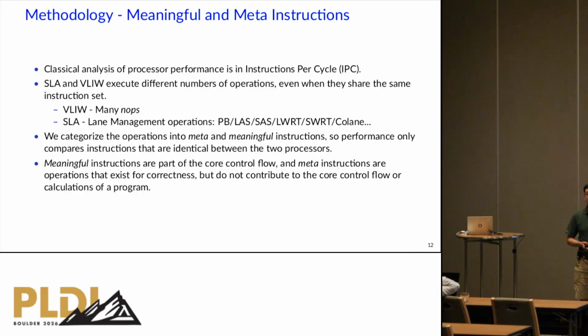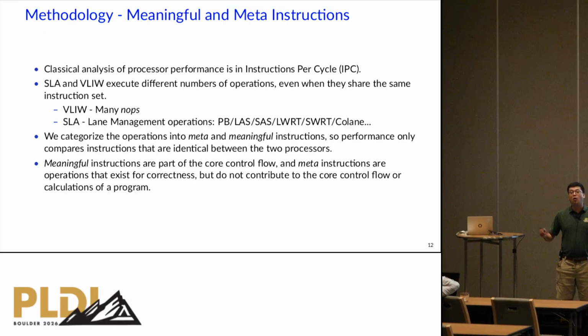VLIWs have extra no-ops to maintain alignment, and SLA processors have some administrative instructions which we don't execute on the VLIW. So we have these apples to oranges comparisons. Instead, we pinpoint the instructions that are unique, namely the no-ops and these administrative instructions, and we just omit them from the results.